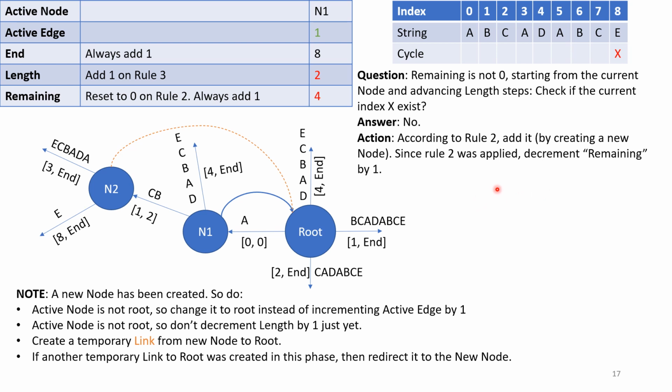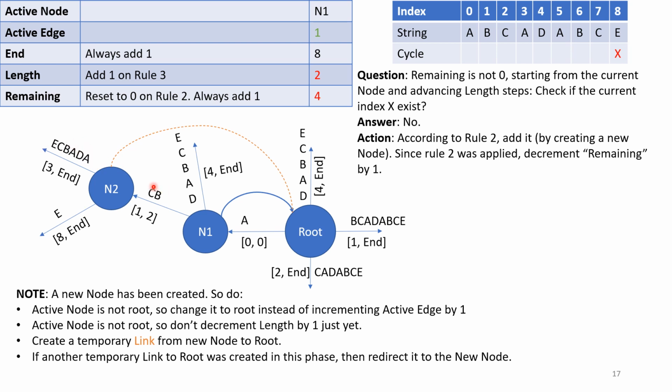So in this case, we finally reach the last step. We're in the last character, and we ask the question. Starting from the current node, it was N1, and advancing length 2, in this case, can we find the character E? Well, we didn't have it, because it was B, C, A, D, and so on.